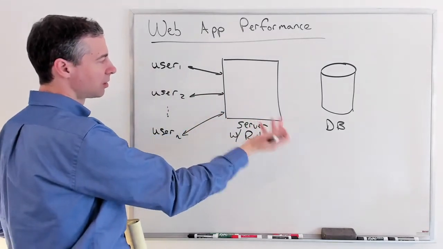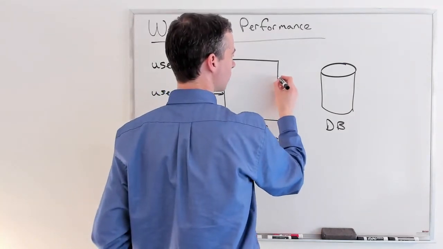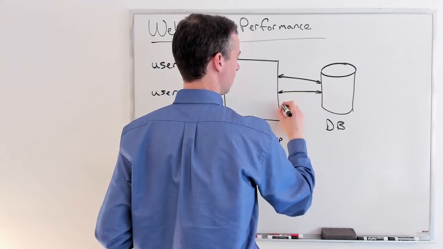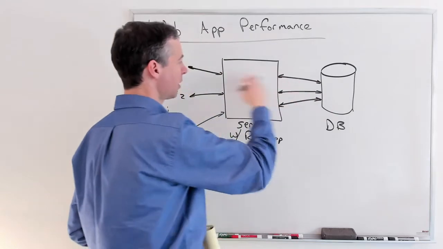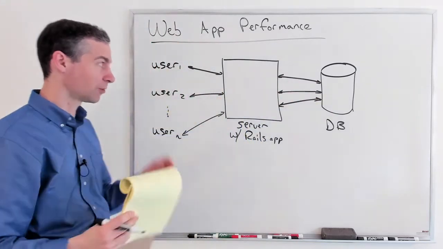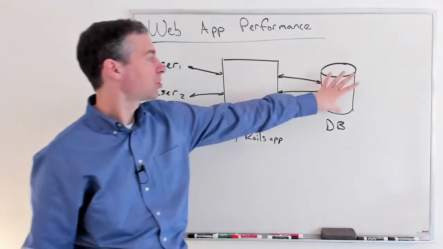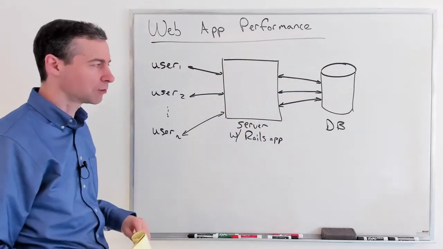Requests come in, responses come out. The server has many different connections to the database. It's not necessarily one for each user, but we've got connections. So we've got a machine, and each user is most likely on their own personal machine as well.